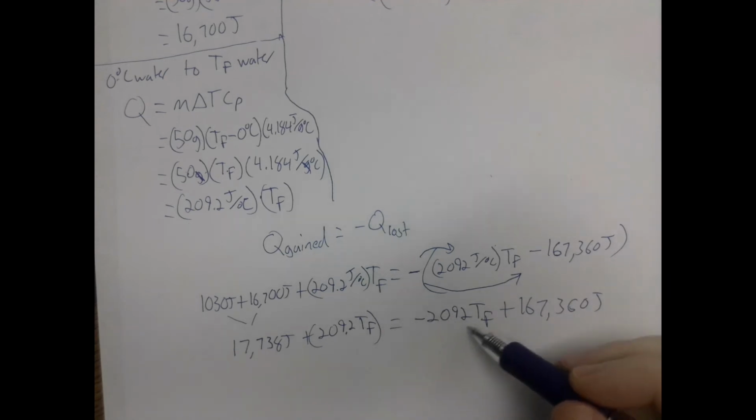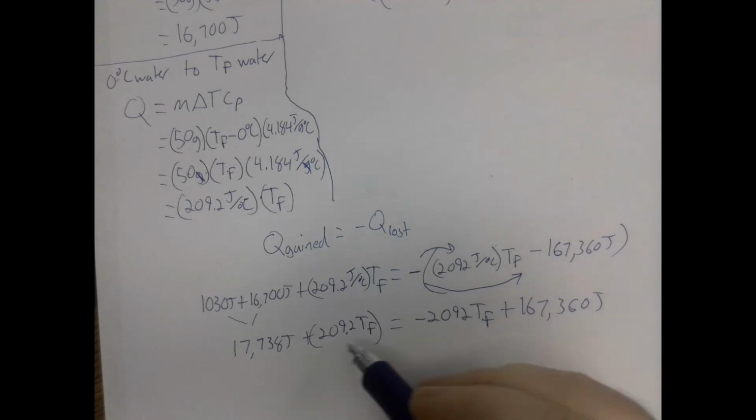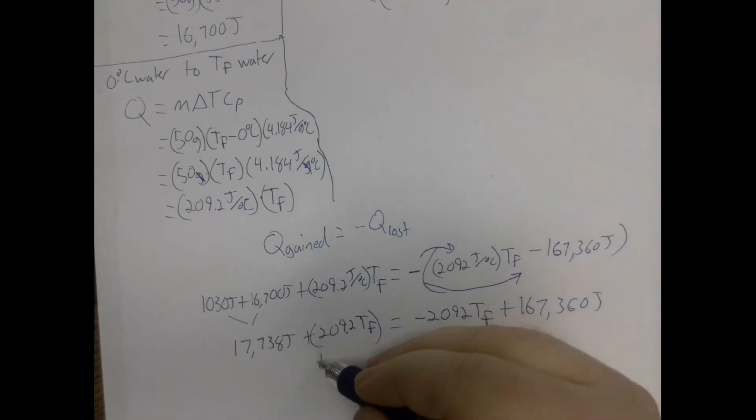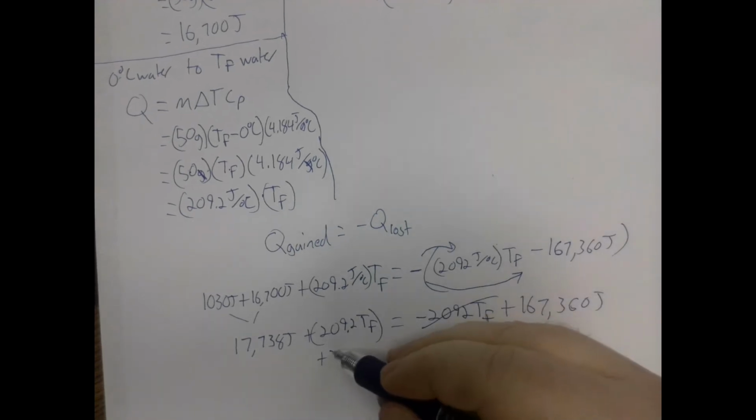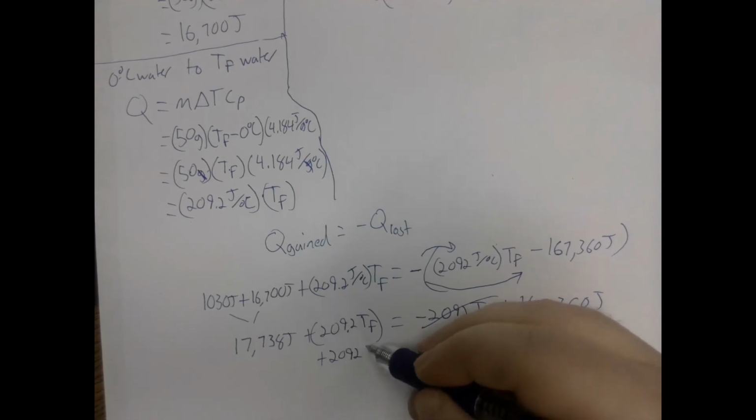TFs are being subtracted on this side, so we can remove it by adding it over here.